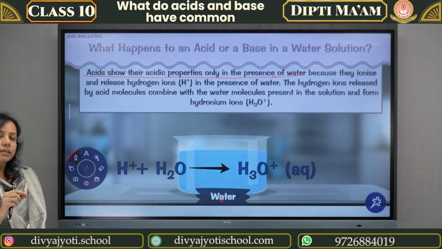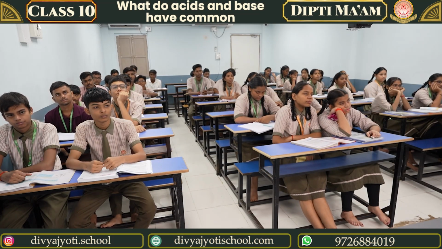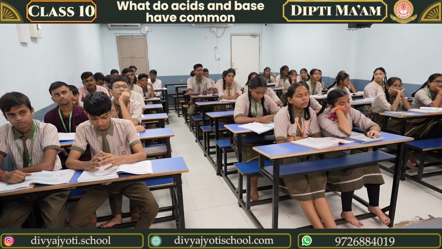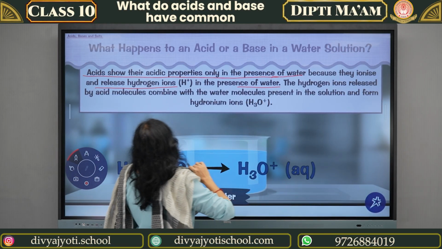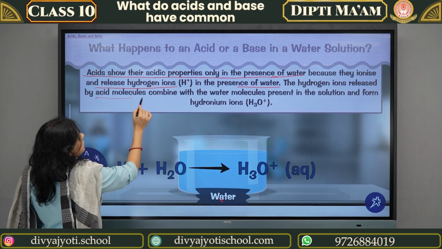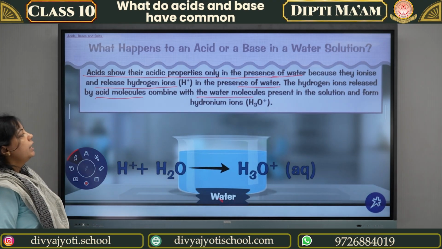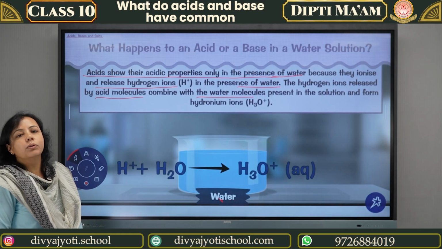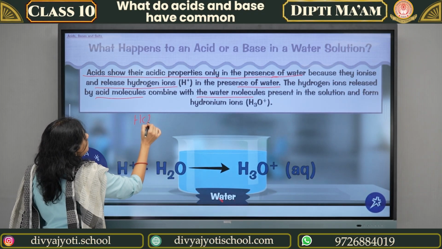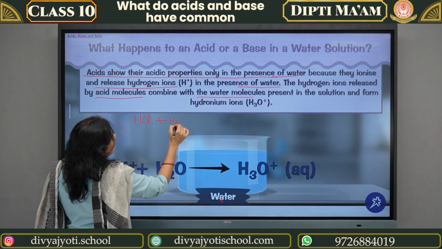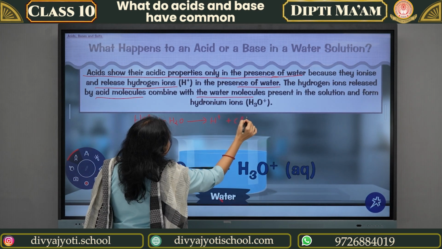Because they do the ionization process. They ionize and release the hydrogen ion in the presence of water. And the hydrogen ion released by the acid molecule combines with a water molecule present in the solution and forms the hydronium ion. That means suppose I take HCl, this HCl reacts with water, then it is converted into H plus and Cl minus ions.